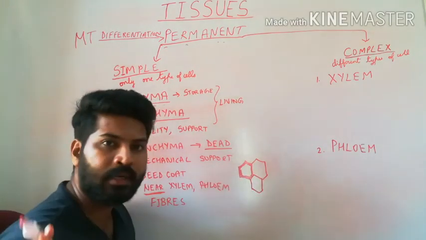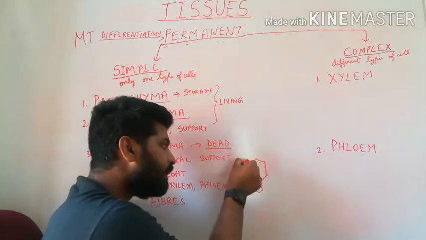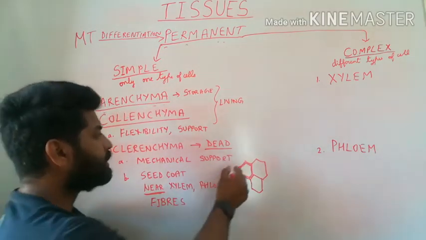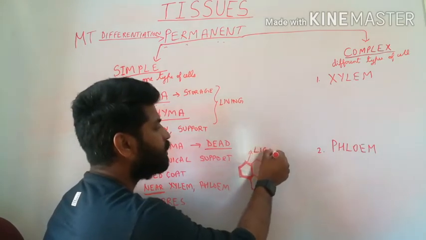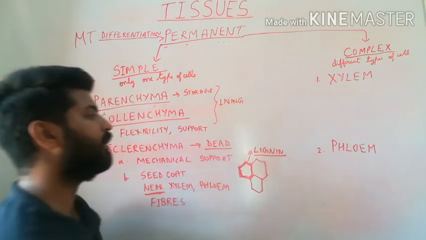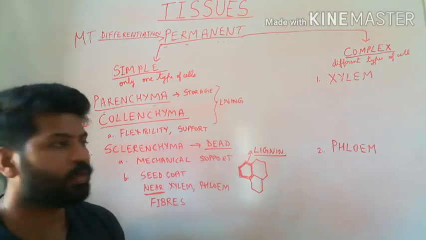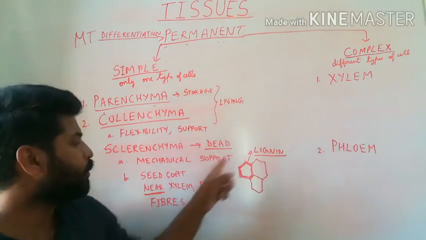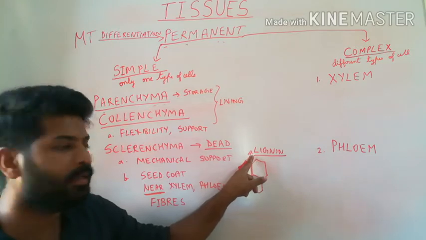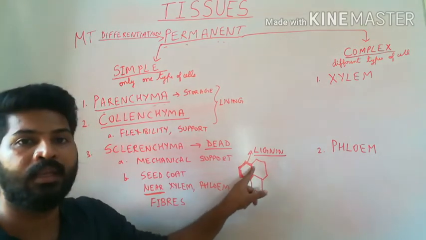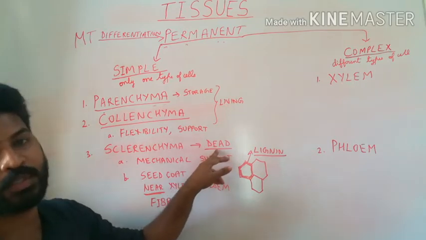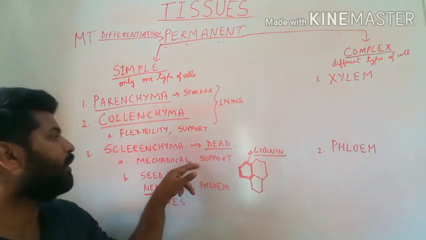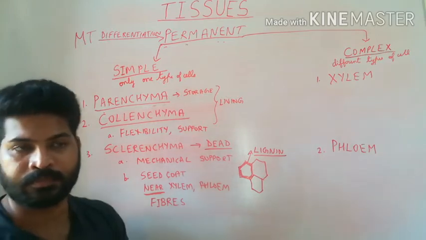Intercellular spaces are completely absent and space inside the cell is very less. These cell walls, they are thickened with the help of a substance called as lignin. So it's a type of chemical. So they have lignified cell walls which are very thick, and these are dead tissues. Their main function is to provide mechanical support.